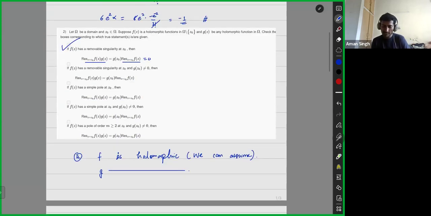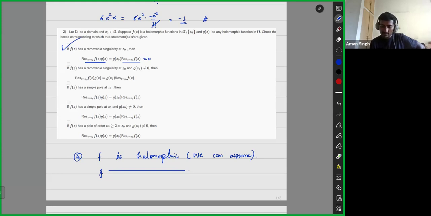Now we are going to see the second part. f(z) has a removable singularity and g(z naught) is non-zero. Then the same question, meaning will the above equality hold here or not. f(z) has a removable singularity at z naught.